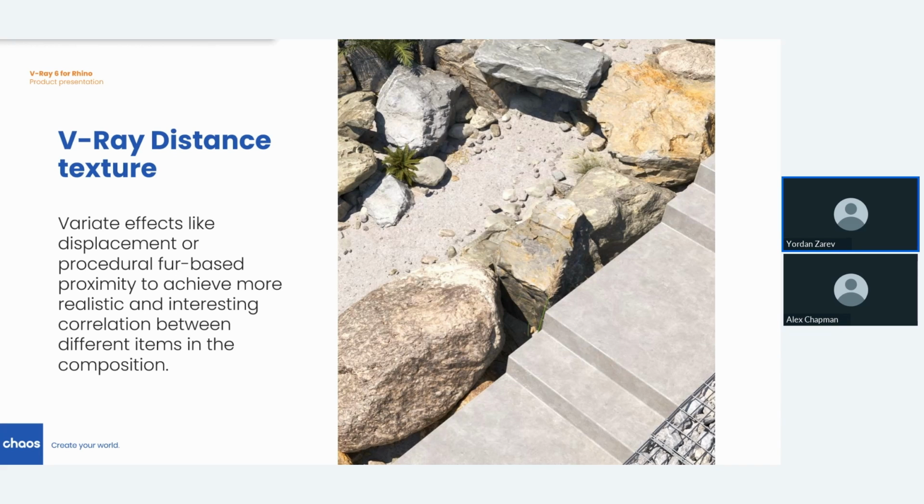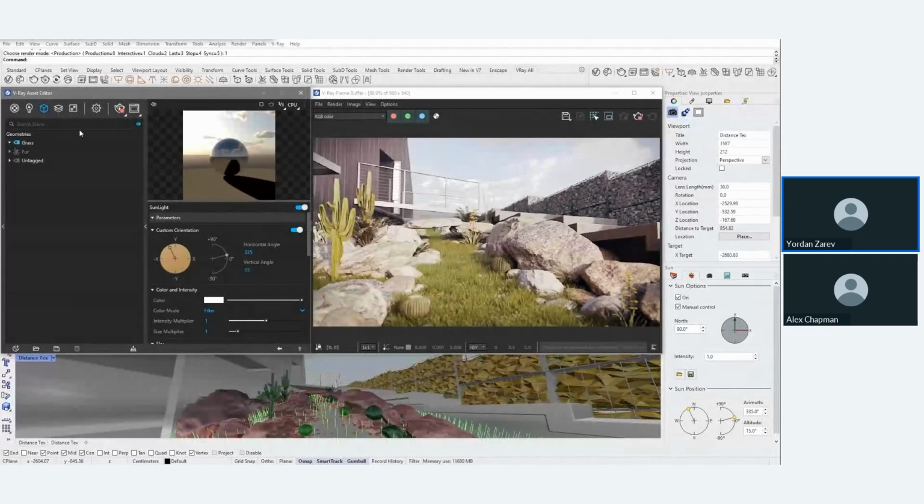That way you can do a lot of things like scatter fur just around a particular object, create grass fields, and drive where the grass is placed depending on the distance texture, and a lot more. So let's take a look at an example.